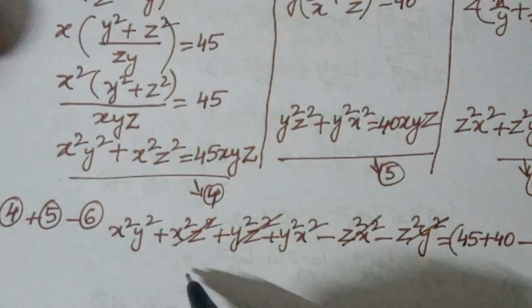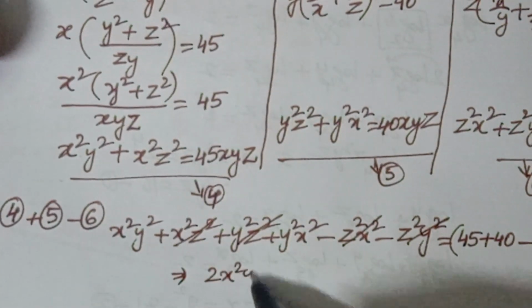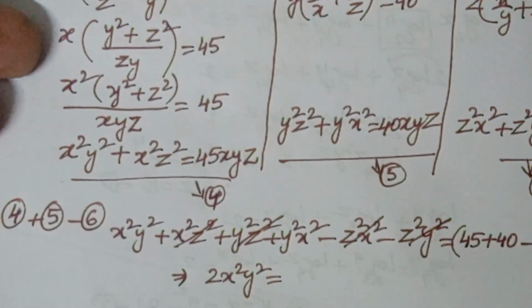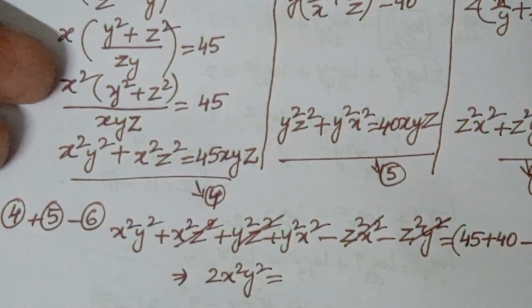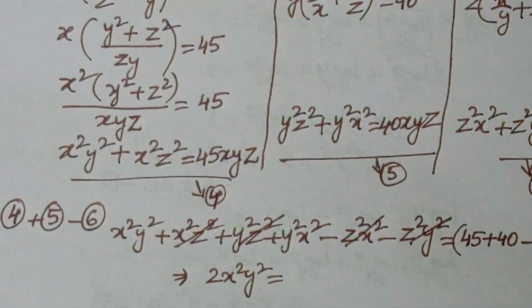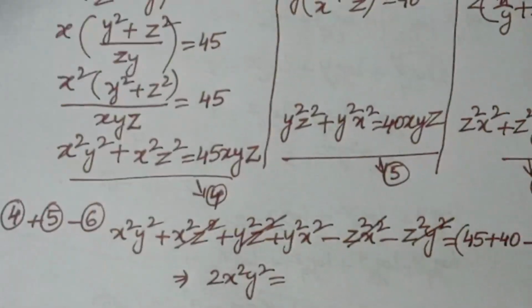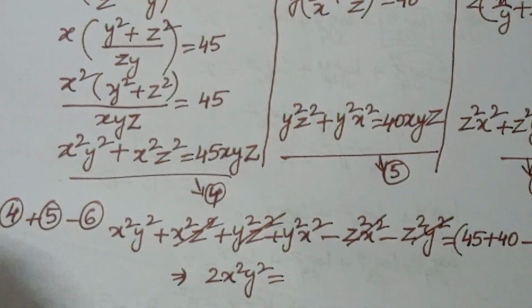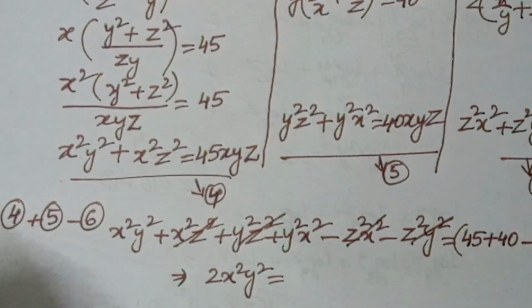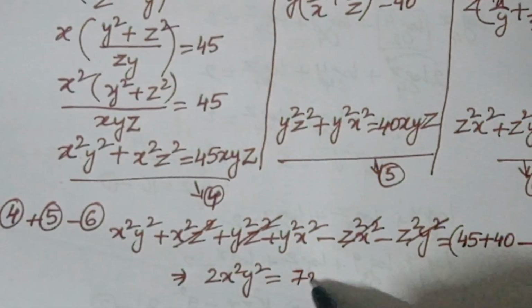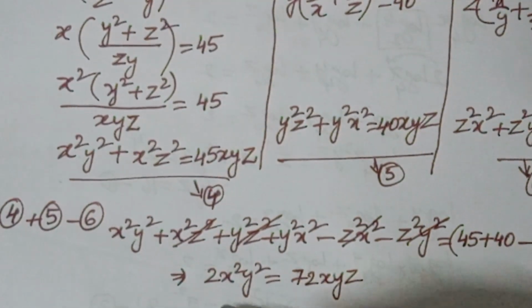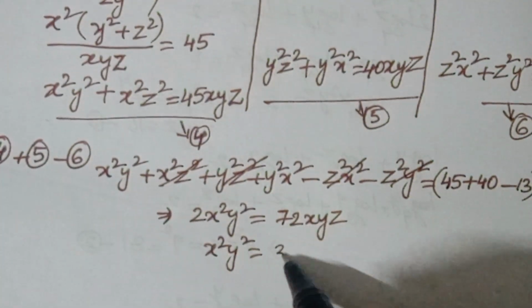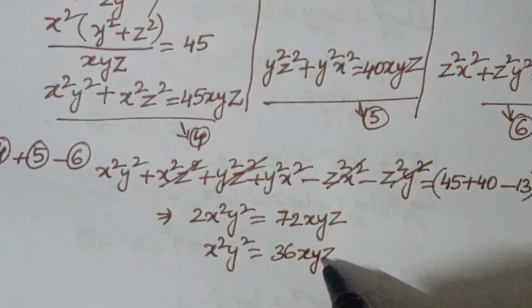We get 2x square y square is equal to 85 minus 13, that is 72 xyz. So x square y square is equal to 36 xyz.